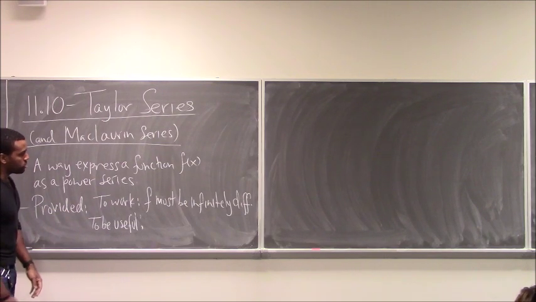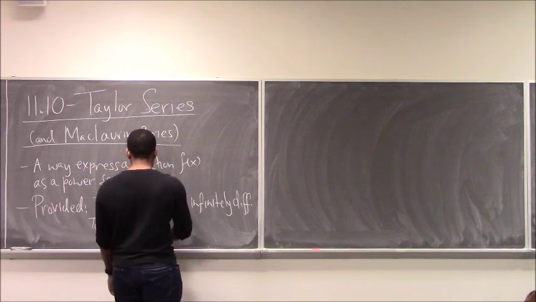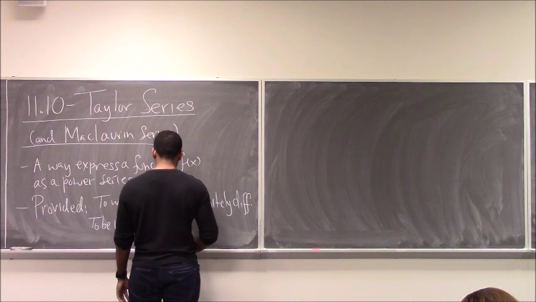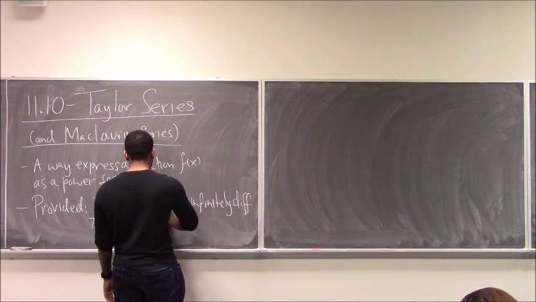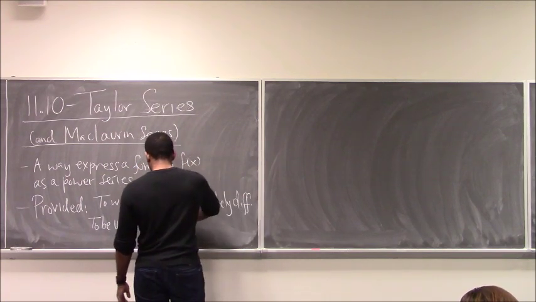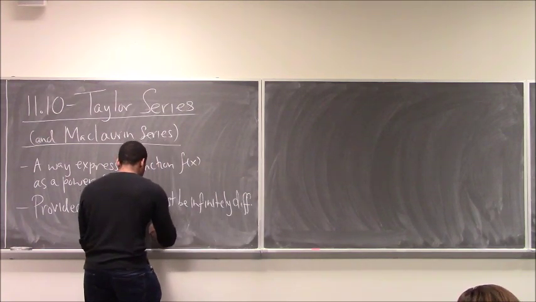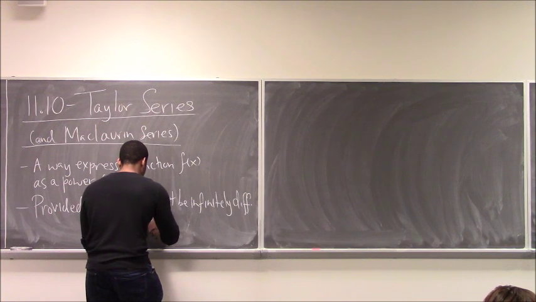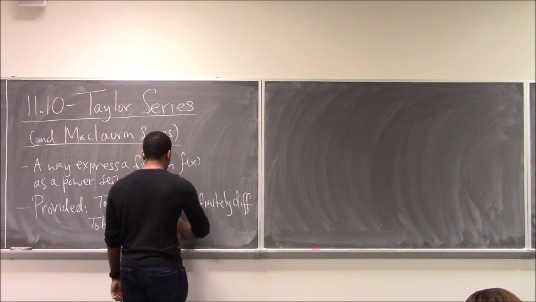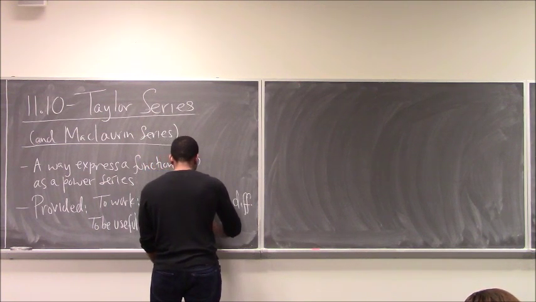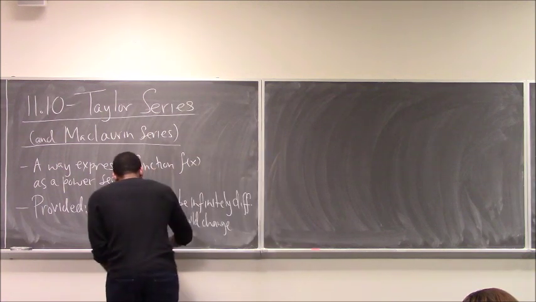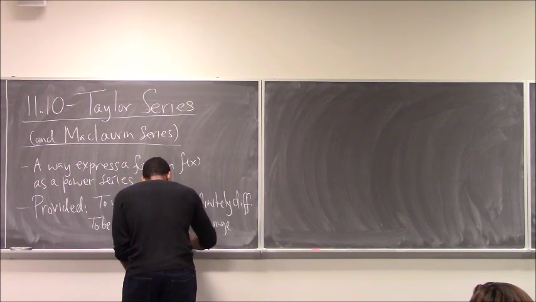So in order to be useful, and this is something I'll make clear, f prime, or f to the n, the nth derivative, whatever derivative, should not change, in quotes, too rapidly.